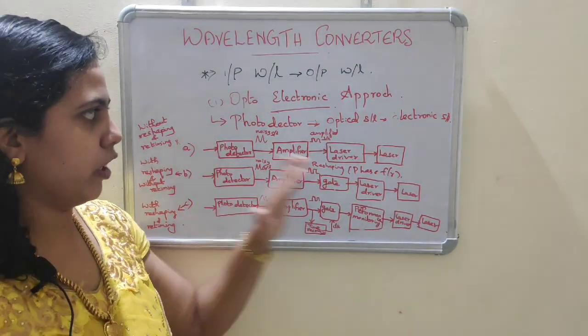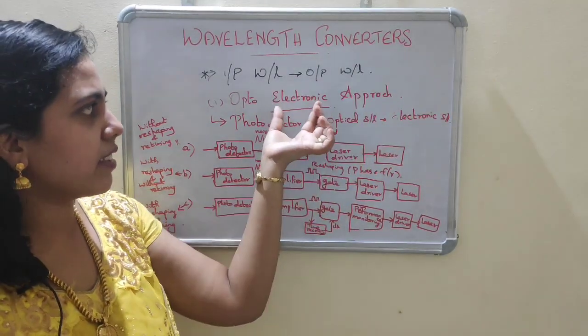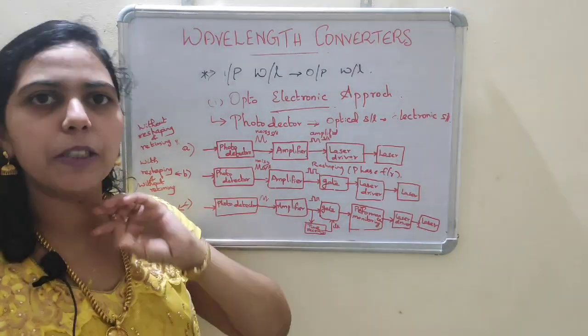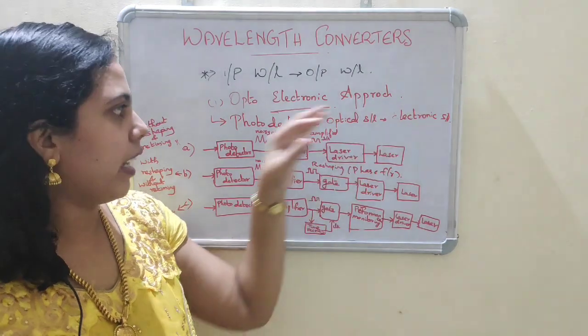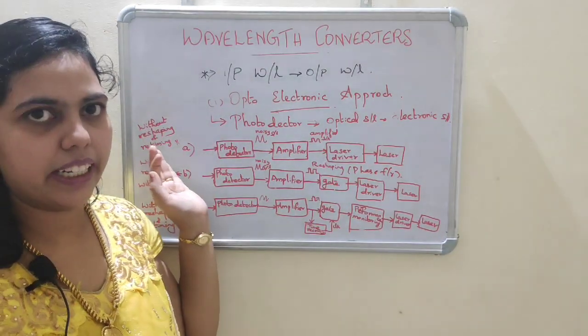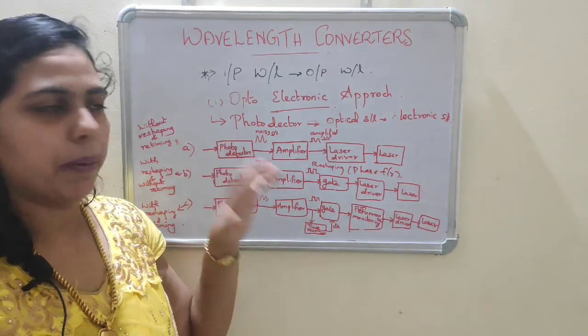In short, the optoelectronic approach is a device that converts the optical signal to an electronic signal, its performance is better than the others, and it is low cost. It has three types: without reshaping and retiming, with reshaping and without retiming, and with reshaping and retiming.